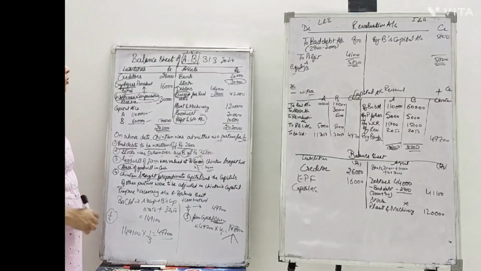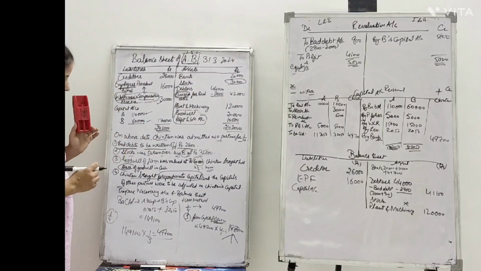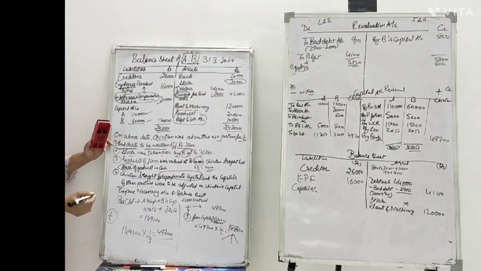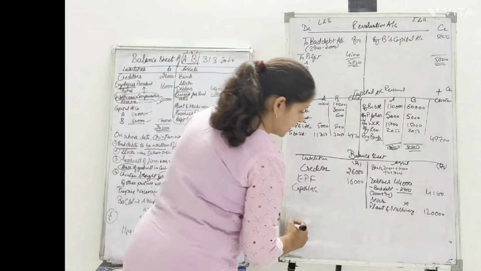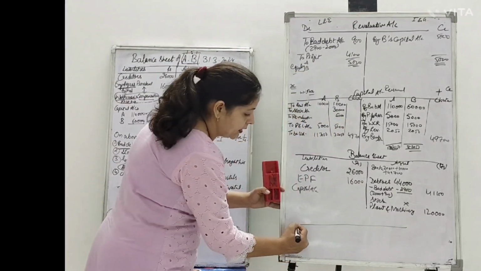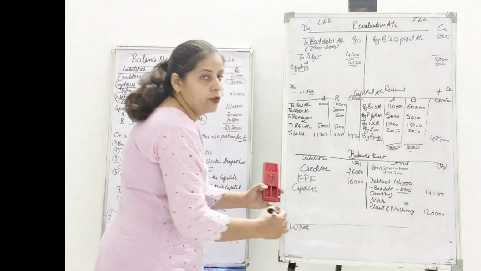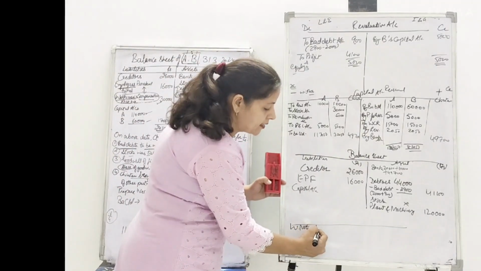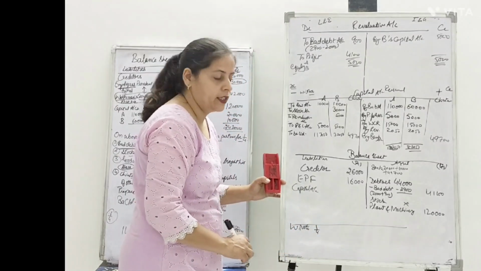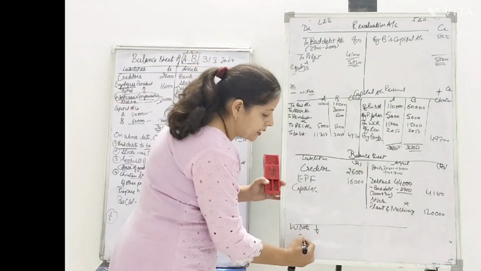So I have to take one space from here for the new profit sharing ratio calculation. What is given to us, here I am writing the working note. For the new profit sharing ratio, it is given that the new partner is entering for 1/4 share. What would be the remaining share?